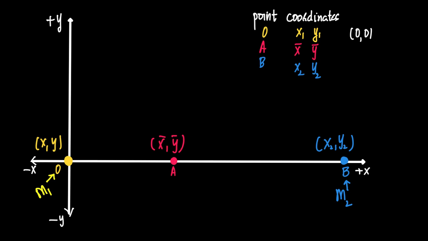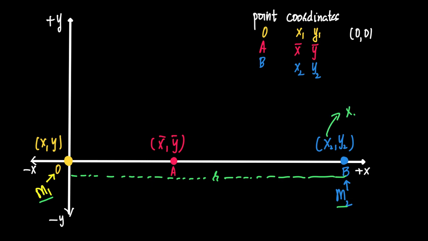Now the question is, what is the value of x1 y1? Since m1 is placed at the origin, x1 should be equal to 0 and y1 should be equal to 0. That makes sense? Simple. But what is x2 y2? See, if I assume that these two particles O and B, that is m1 and m2, are kept at a distance r, then what is the value of x2?